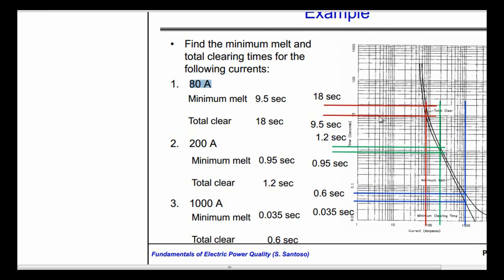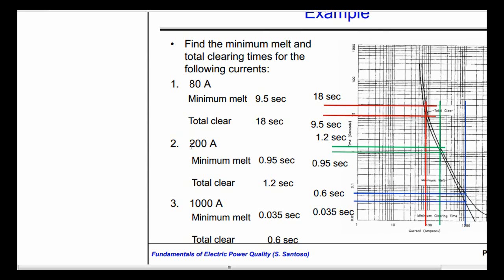This gives us 9.5 seconds, which is the minimum melting time. The total clearing time at which the fault is cleared is the higher value, which is here, like 18 seconds, so it's about double the time.